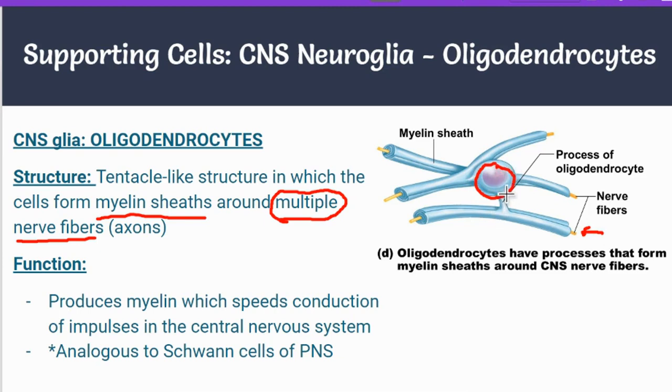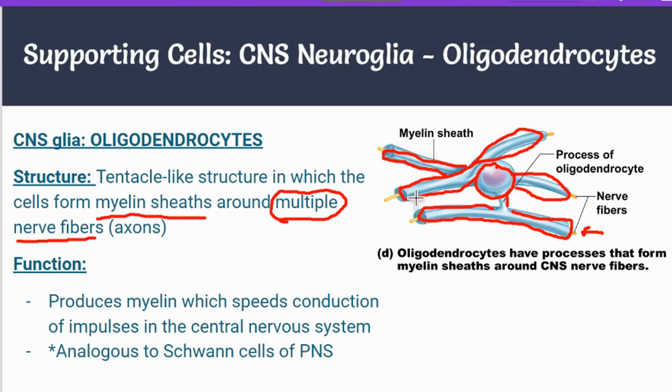And he's reaching out and putting myelin around this axon from this neuron in the CNS. But he's also reaching out and putting myelin around this axon, and around this axon. So the oligodendrocyte, and we're going to go over myelin.